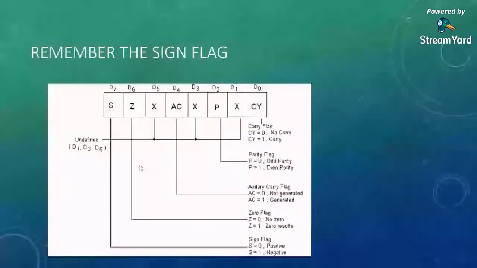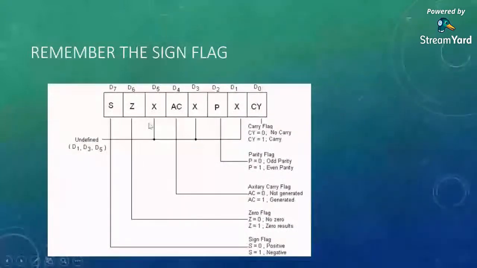Whether the data is originally a signed value or not: whenever it is a signed value, then we use the sign flag to indicate the sign of the data. But if it is not signed, then we can neglect the sign flag.